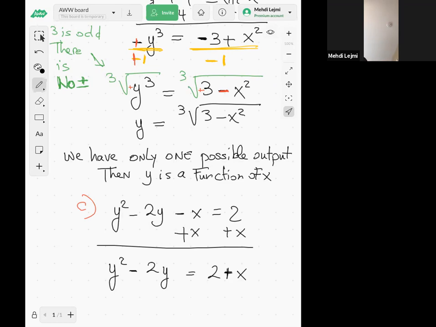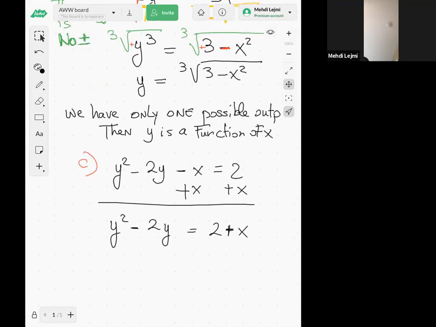Yes, I can factor out y. Yes, sure, that's another option. So as I said, the first way is to try to complete the square. You add +1, so then that will be y minus 1 squared, and then you can get rid of the square, etc.